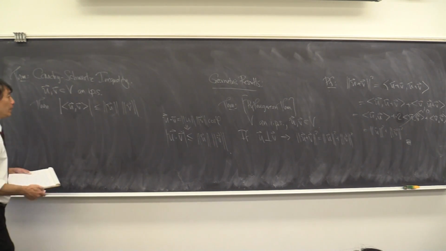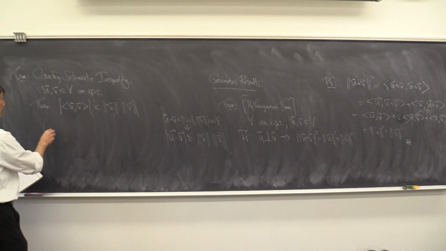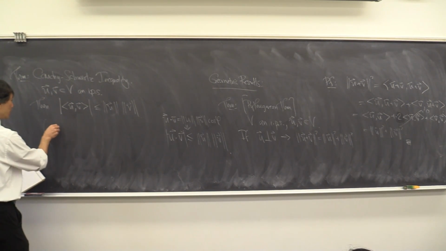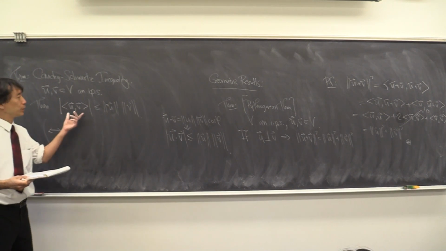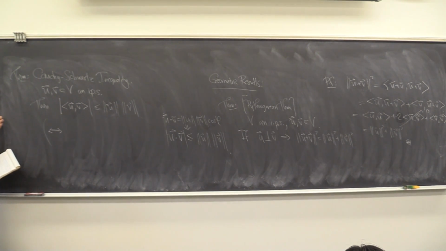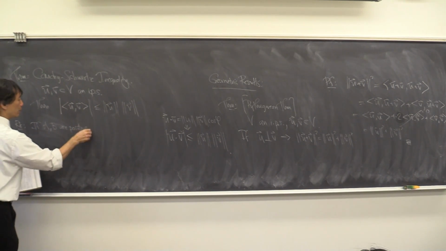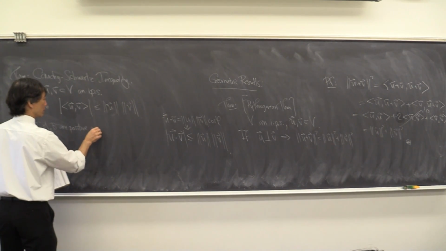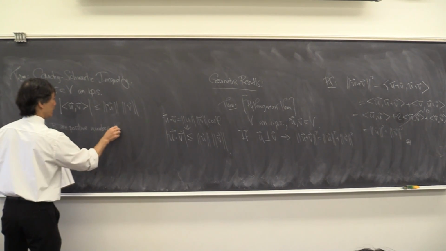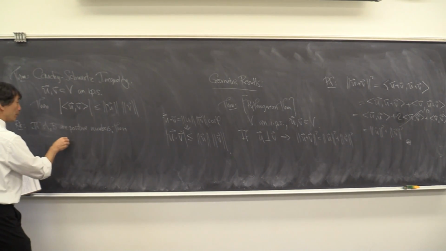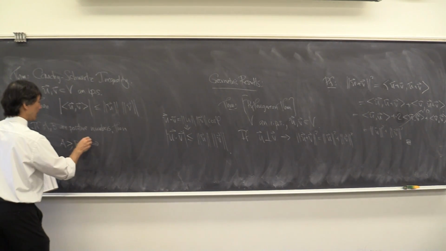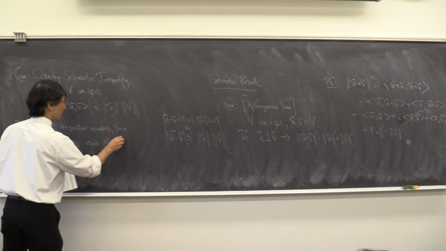And notice one thing. To show that, here's a side comment. Remark. If A and B are positive numbers, then A being greater than or equal to B is the same thing as A squared being greater than or equal to B squared.